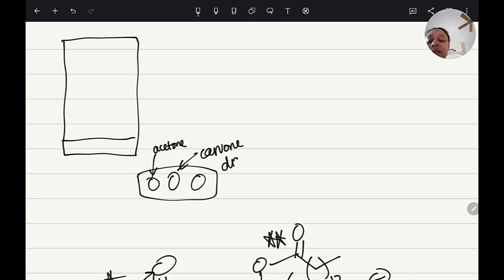and dissolve it. And what you're going to do is spot your extract. And then you're going to take another micropipette and spot your Carvone, which you also need to dissolve in acetone.